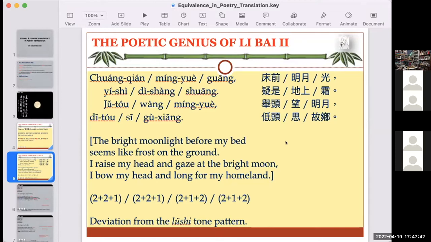Could there be any meaning? Maybe there is meaning, maybe there is not, but for me, I would try to give it a meaning, because for a poet like Li Bai, these things should not be taken lightly. We as critics, we have to find meaning behind it.